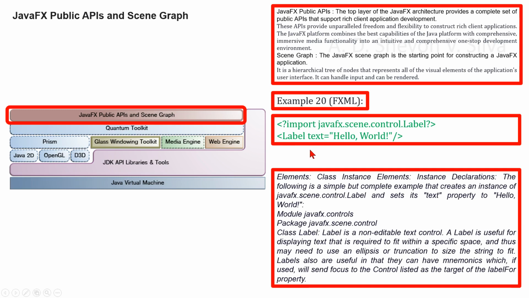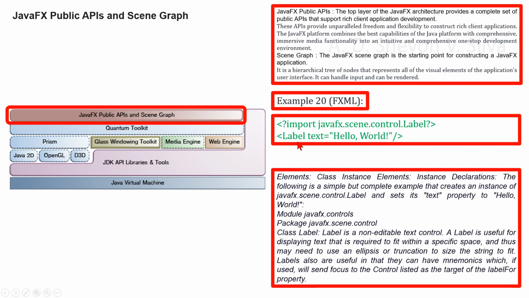An element tag is considered an instance declaration if the tag begins with an uppercase letter and the class is imported, or, as in Java, it denotes a fully qualified class name, including the package name. When the FXML loader, also introduced later, encounters such an element, it creates an instance of that class.